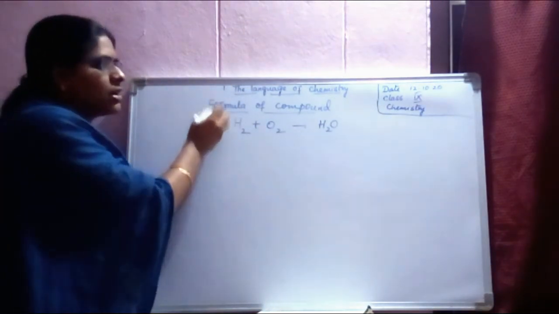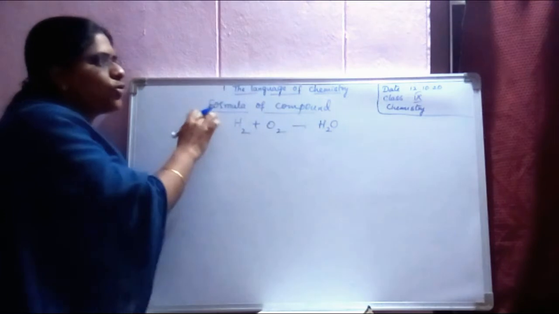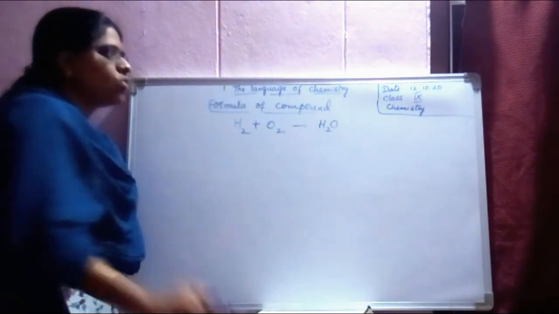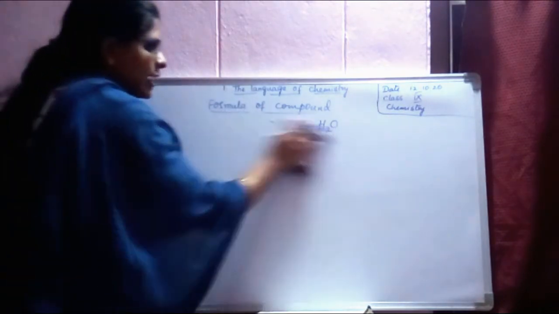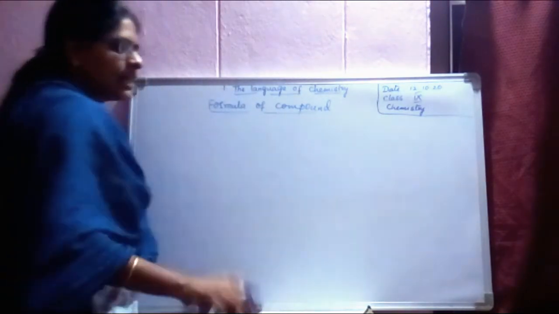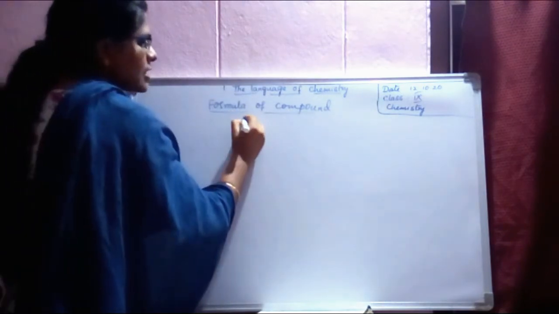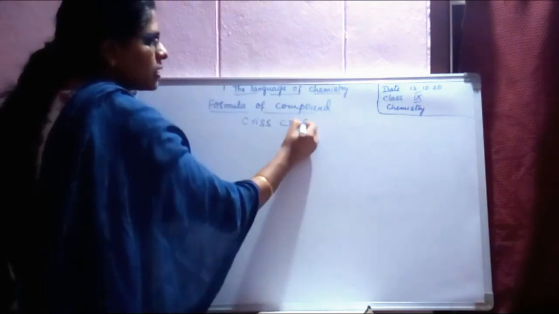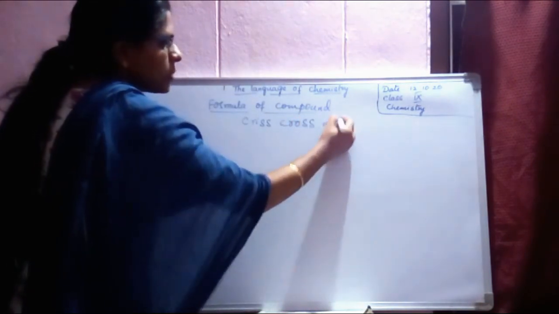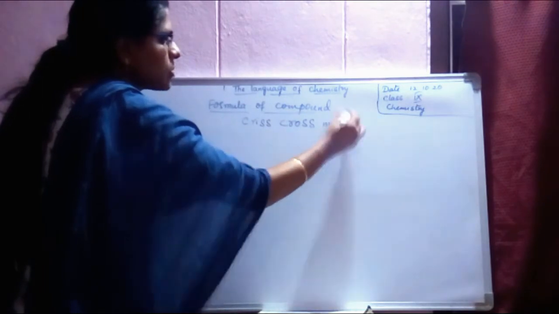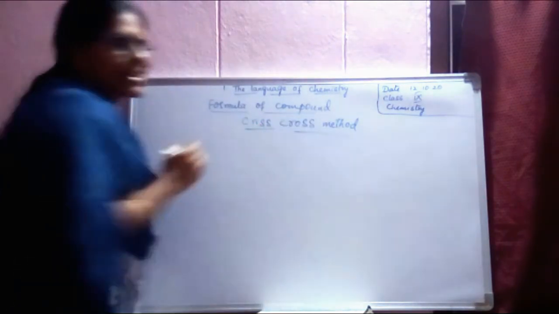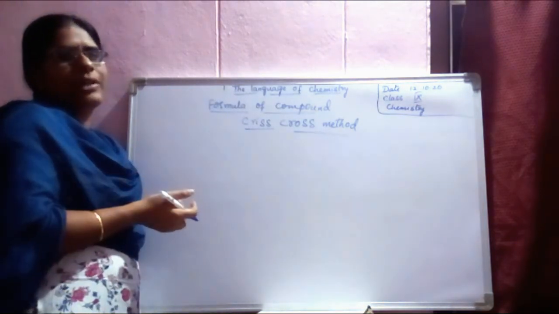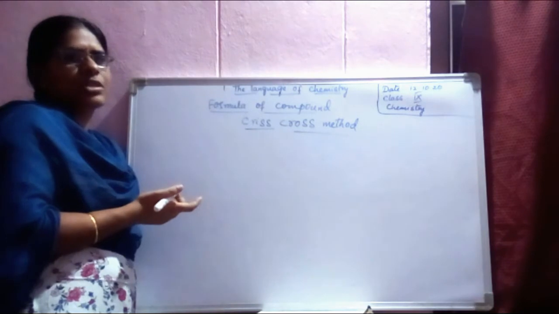Now, how to write the formula of a compound, we will be learning today. Already I have told you this in your 8th standard: the criss cross method. You all remember that? Criss was a scientist who introduced how to write the formula of certain compounds.